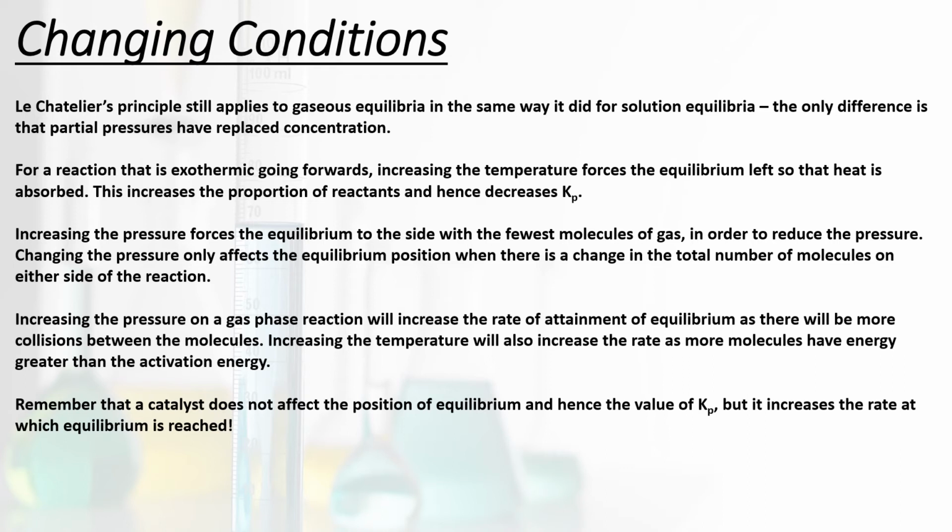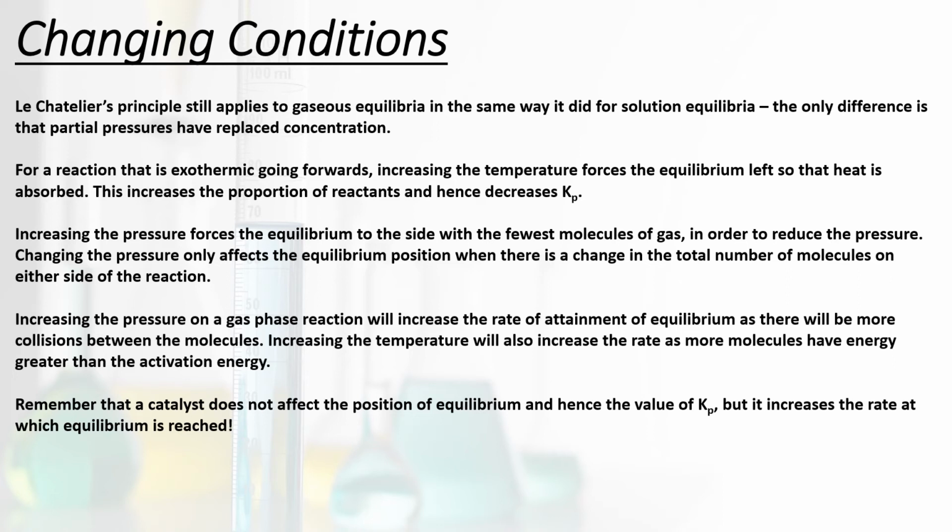So for example, if we have a gas phase reaction that is exothermic in the forward direction, that means it's a negative enthalpy change, we're giving out heat. If I increase the temperature, due to Le Chatelier's principle, the equilibrium will shift in the direction to oppose that change. To oppose the increase in temperature would be to reduce the temperature, to take heat in. That's the endothermic direction, which is the reverse direction back to the reactants to the left, and so heat is absorbed.